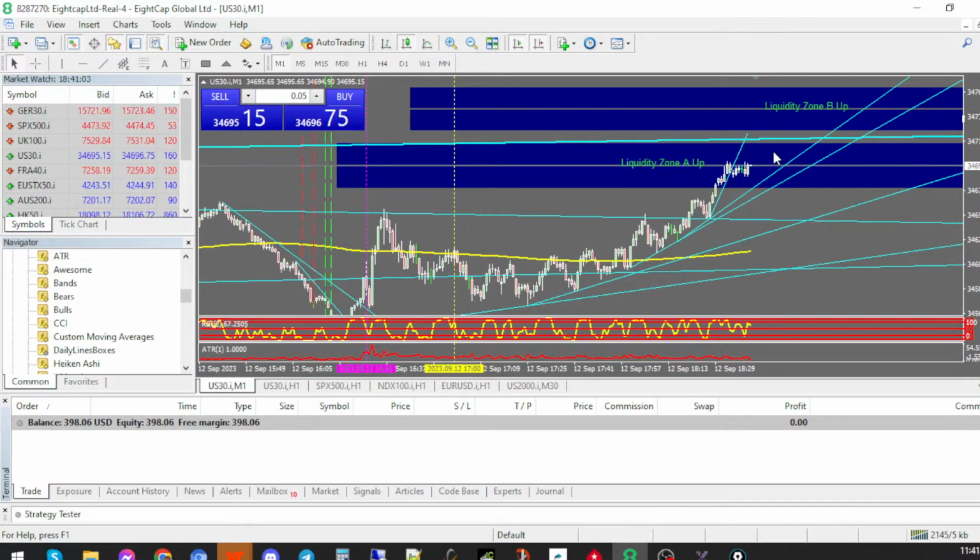And generally the first double break that you get is the best. So price is still pushing up.